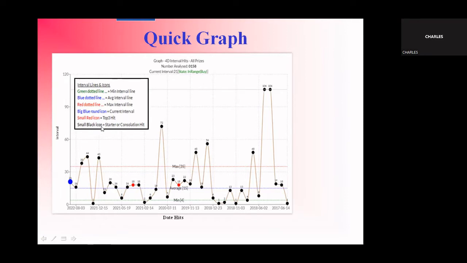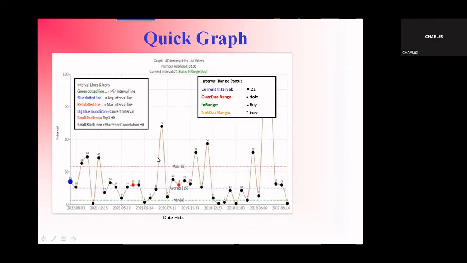Now small black icon indicates starter and constellation hit. For example, you can see from here, this is either a constellation or starter. It also tells you the interval it hits, which is 16. Before that it was 28, then 44, and so on. Okay, so next I want to explain the following item.